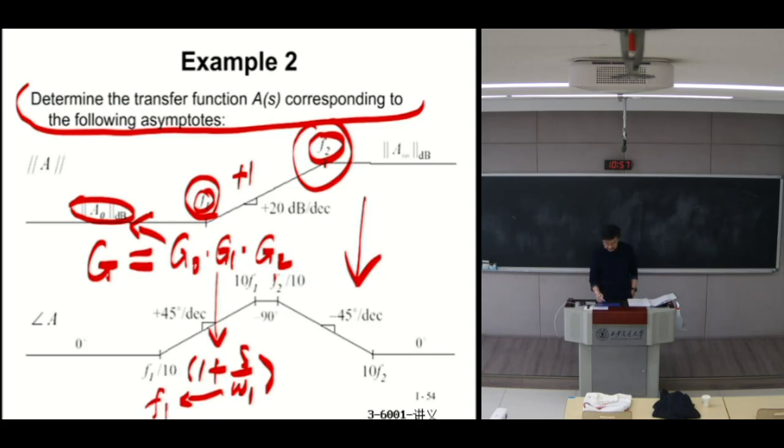And G2 is going to be a normal pole. That means it has the transfer function 1 over 1 plus s over omega 2, where omega 2 is exactly corresponding to f2.